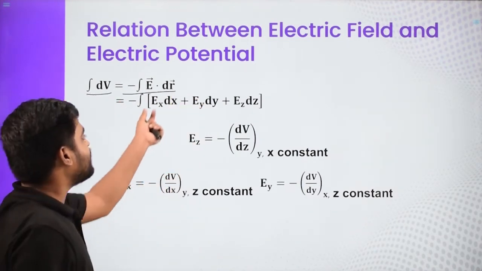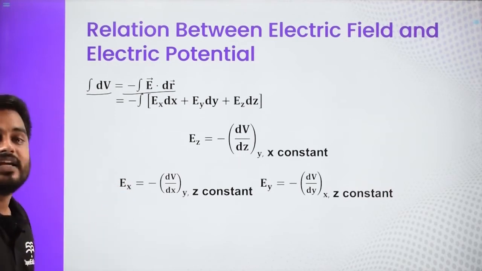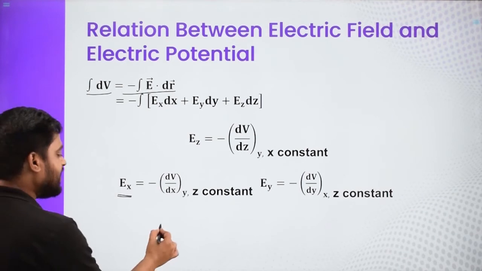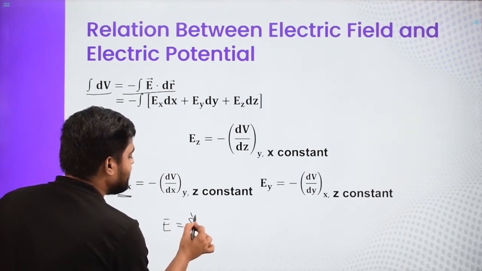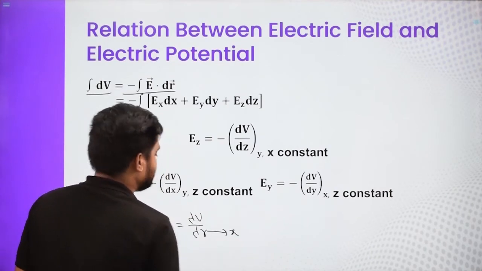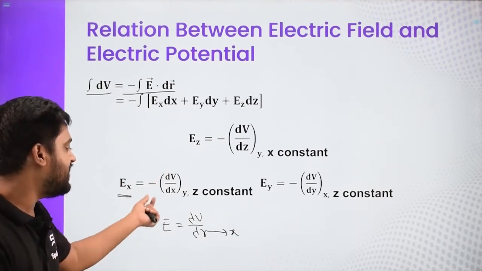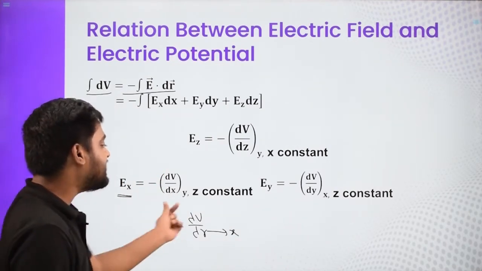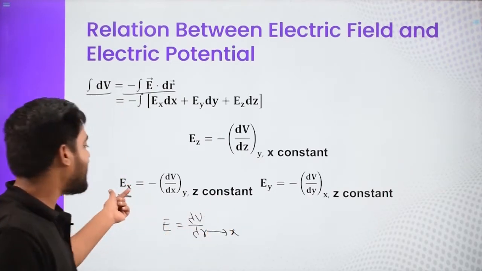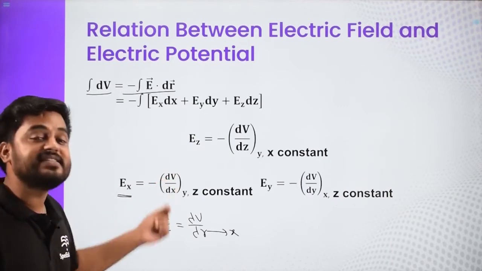If we have to get E, and we want the electric field along the x-axis, then E is nothing but minus dV by dr. If r is taken as x, then negative of dV by dx, given that y and z are constant, will give you the x component of the electric field. E is a vector quantity and V is a scalar quantity.